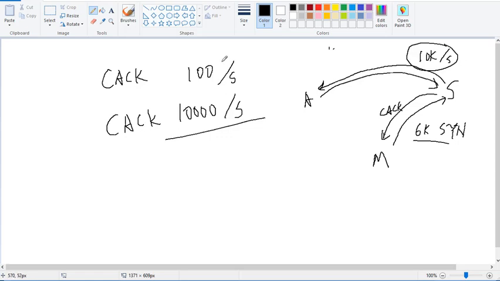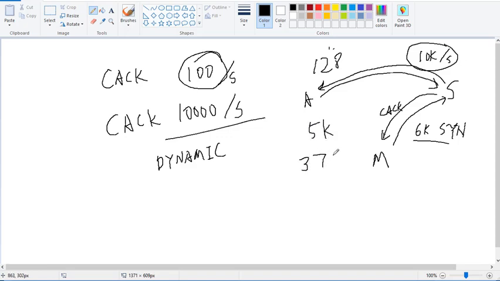The other suggestion is also related to the number of challenge ACKs. Instead of 100, they want to make it dynamic. In other words, for this second, I can send out 128. Next second, I can send out 5K. Next second, I can send out 3,782. So you will never know how many challenge ACKs I can actually send out altogether.